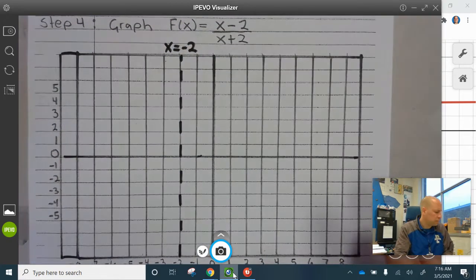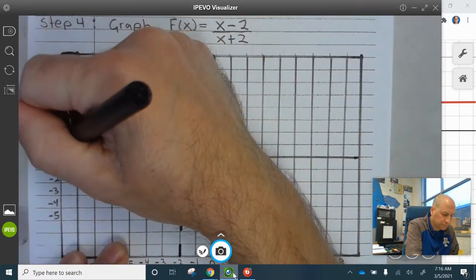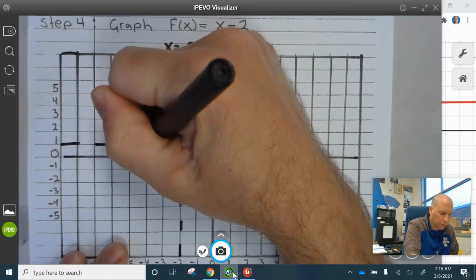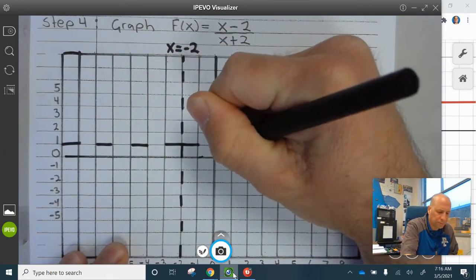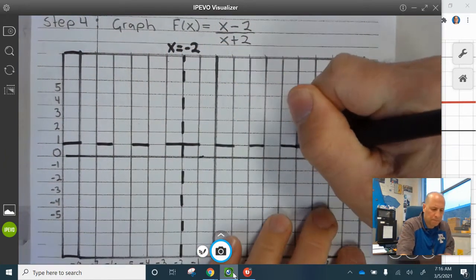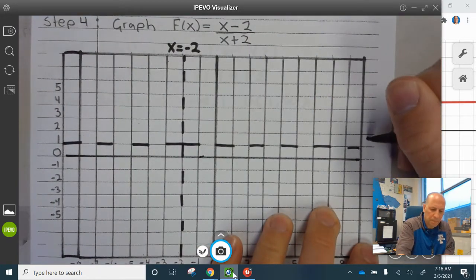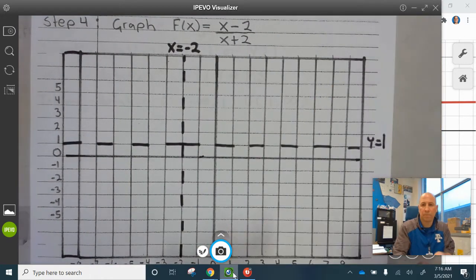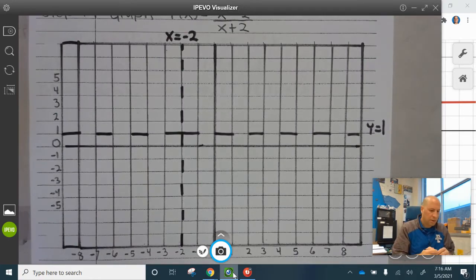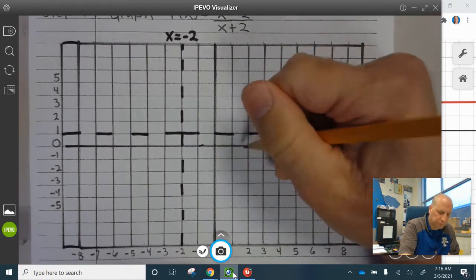Now we have a horizontal asymptote at y equals 1. You want to graph your asymptotes first. Now we have an x-intercept at (2, 0).